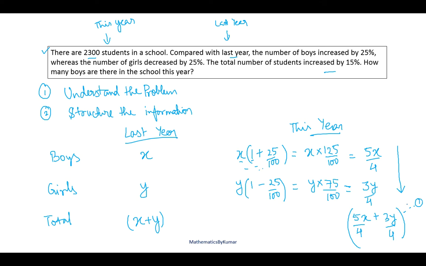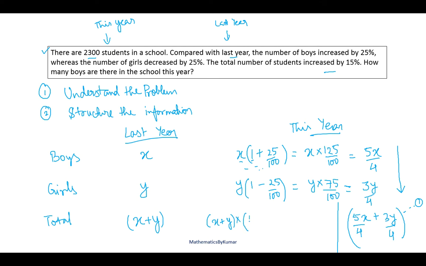Okay. Another way of solving the same thing is using another piece of information that has been provided to me. I also know that the total number of students has increased by 15%. All right. So I had x plus y students last year.